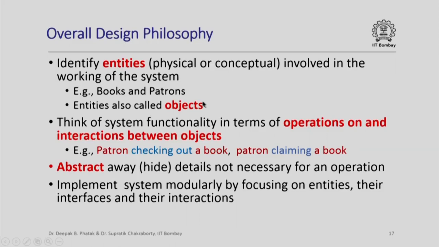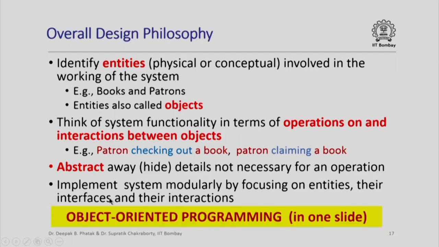They are the first class citizens in this design paradigm, and we are also going to understand how they interact with each other, and we are going to build interfaces for these entities that enable these interactions. And this in one slide is what object oriented programming is about. Clearly you can see that objects play a very central role in this paradigm of programming.